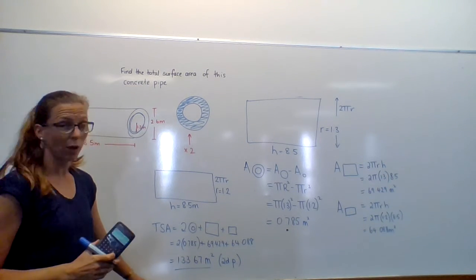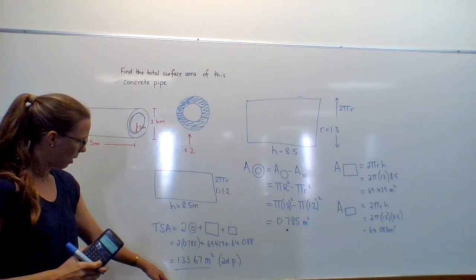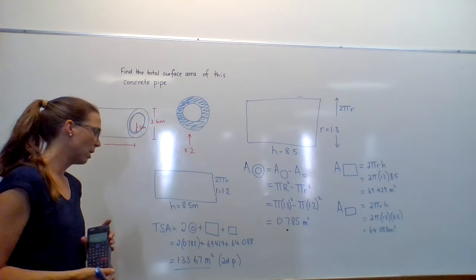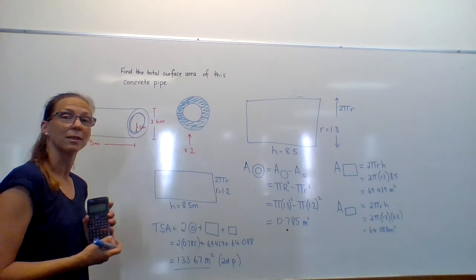So the total surface area of this concrete pipe is 133.67 square meters.